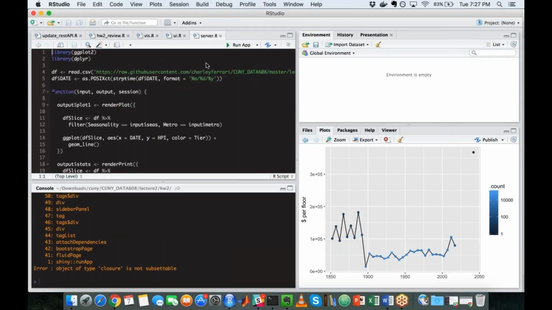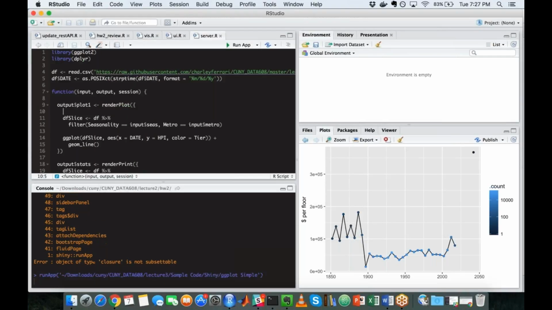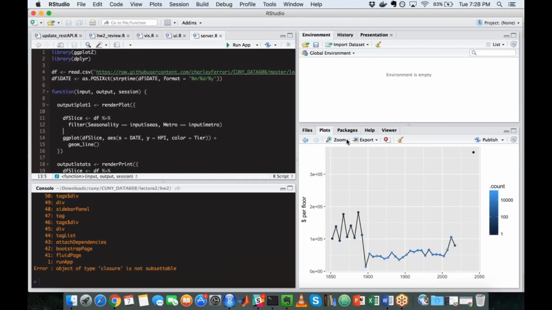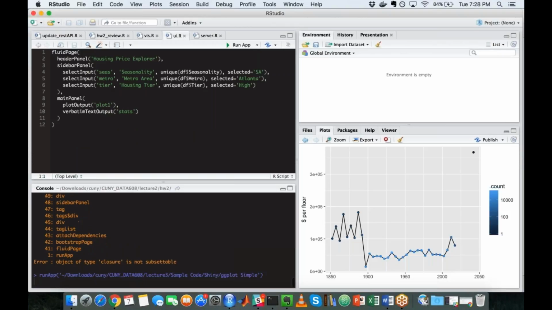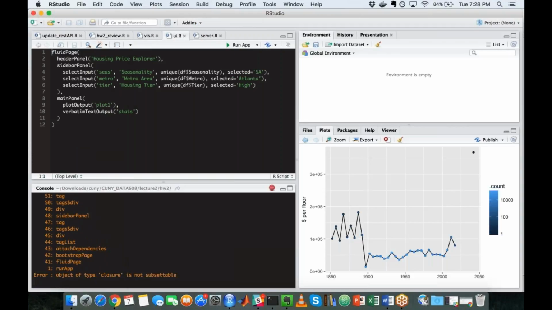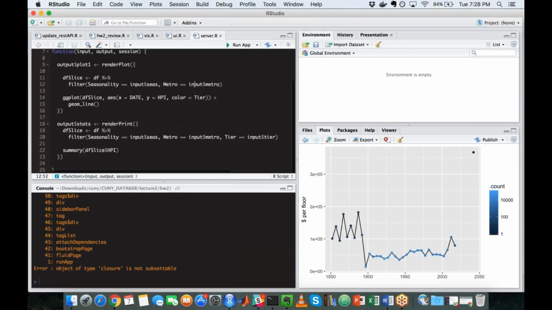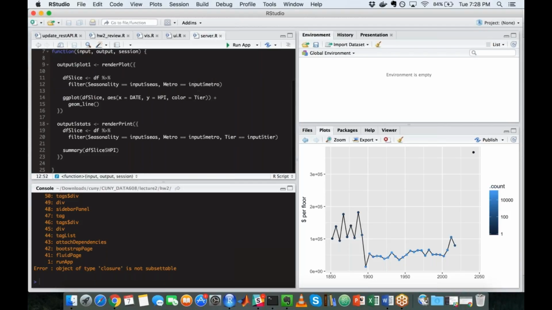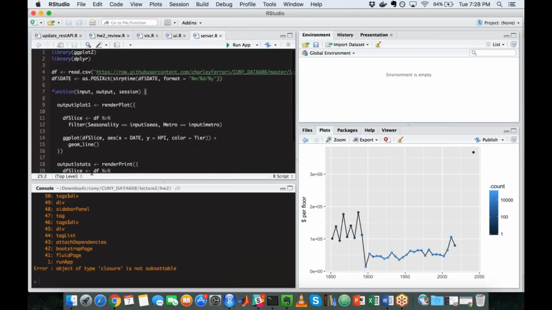And we'll just run it so that we get an idea of what it looks like. I swear this was working. You guys saw the video. It's the same files. I don't know why this is not working. This is weird.